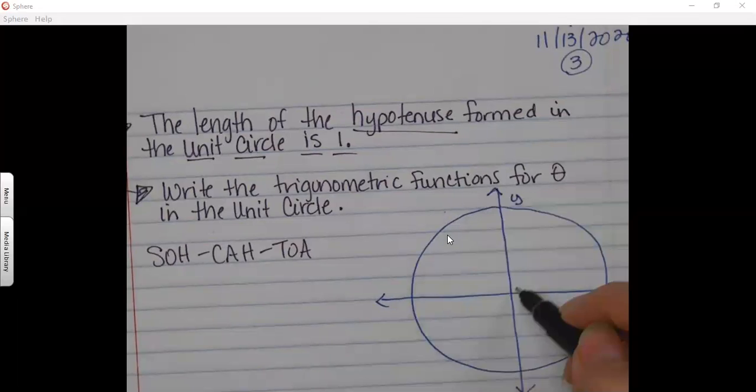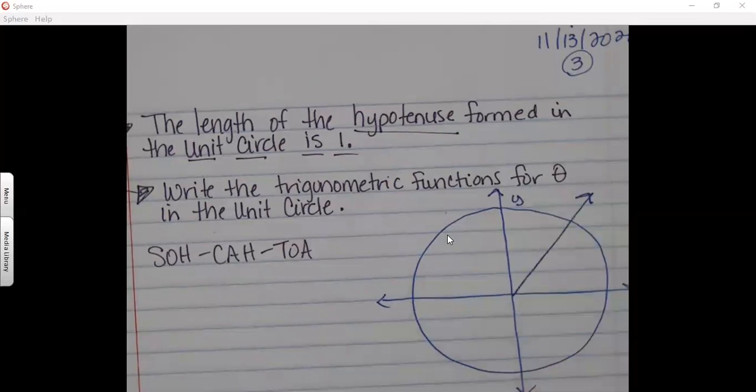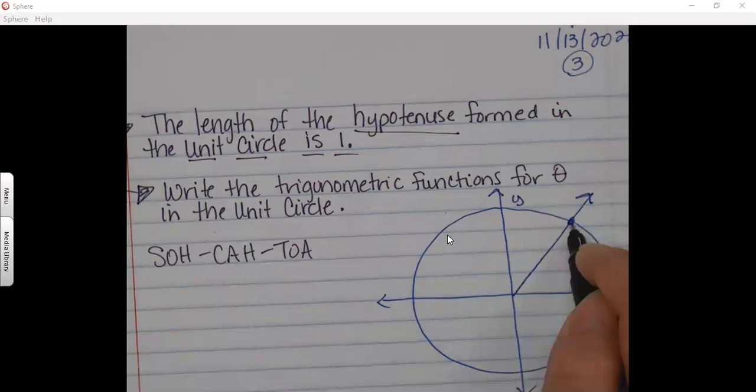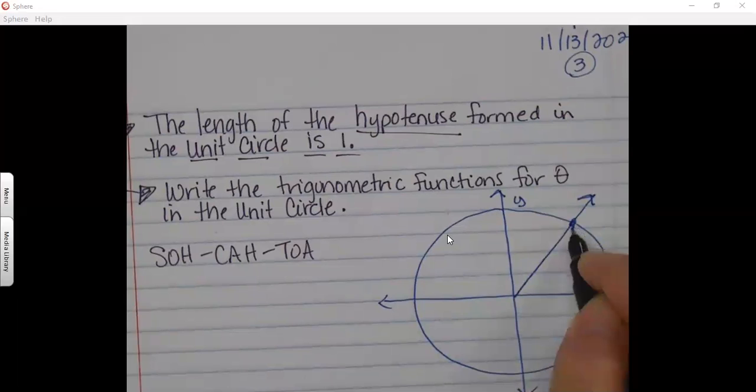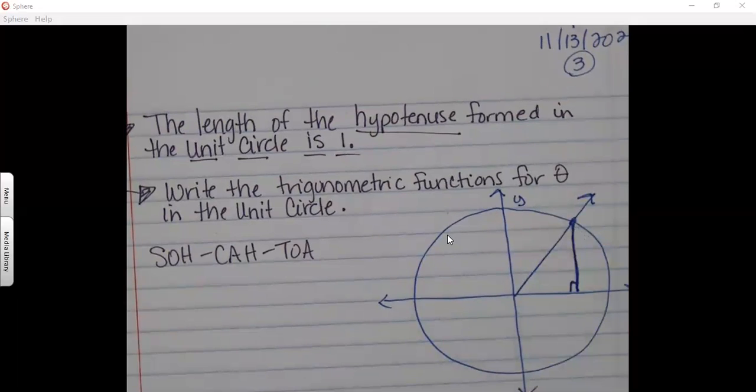And I'm going to form a right triangle by going to the point where that ray intersected my circle, and I'm going to drop a line straight down so that it forms a right angle with the x-axis. So my theta is the angle formed with the positive x-axis and the terminal side.